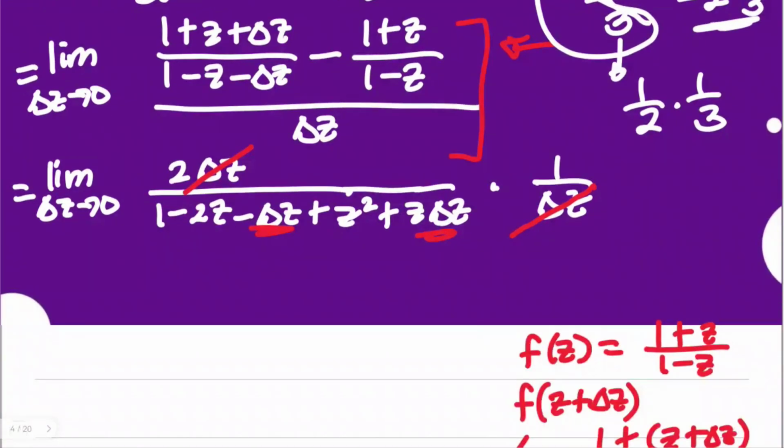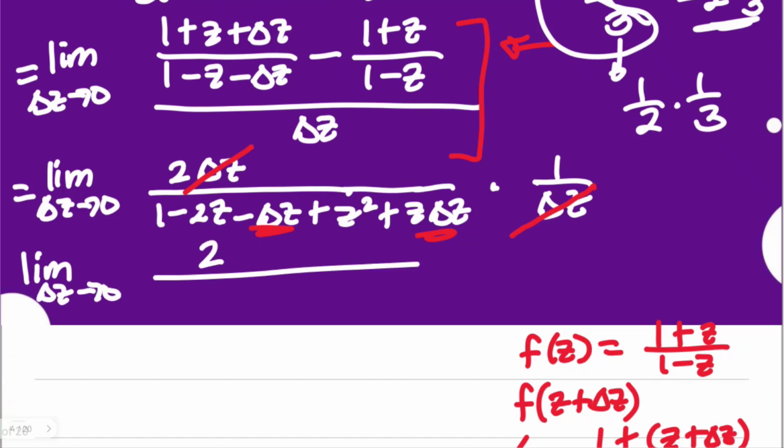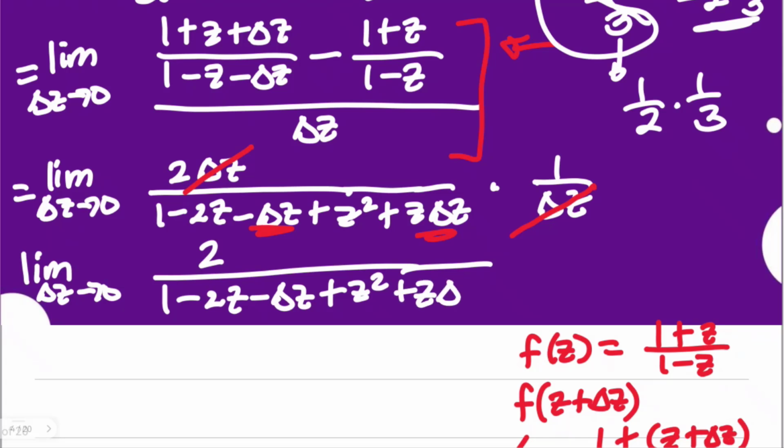As I continue the limit as delta z approaches 0, I have here 2 over 1 minus 2z minus delta z plus z squared plus z delta z, right? Because this is the only item that we have canceled. Again, as mentioned, even if it has delta z here, as you substitute 0, it will no longer be undefined, because all other terms here are not zeros.